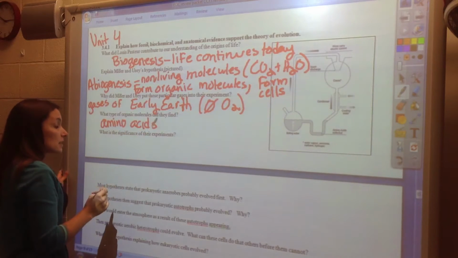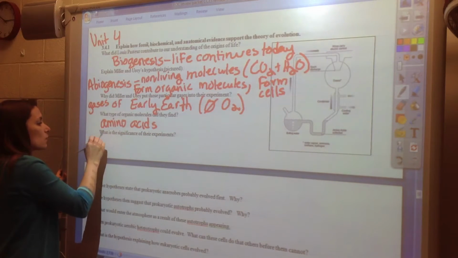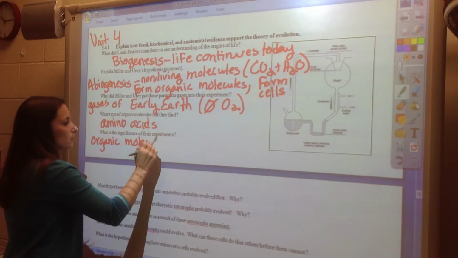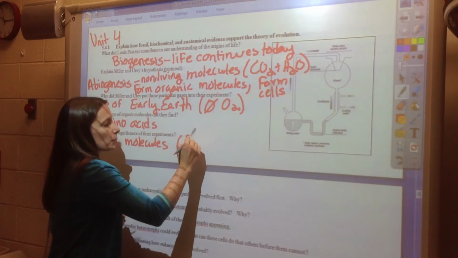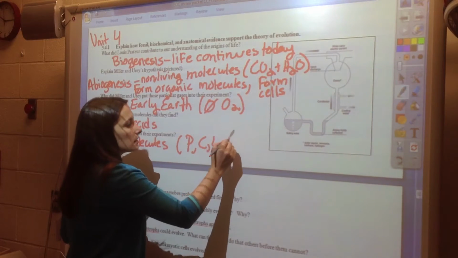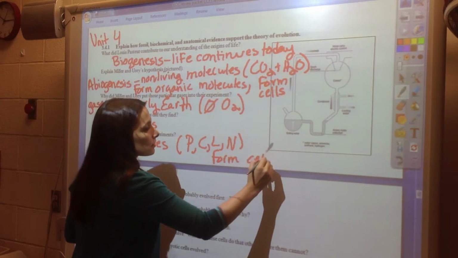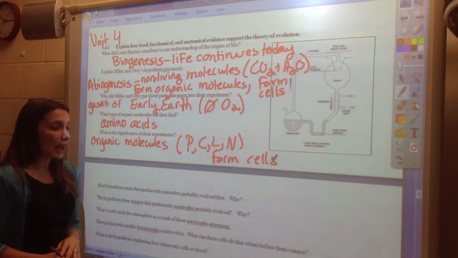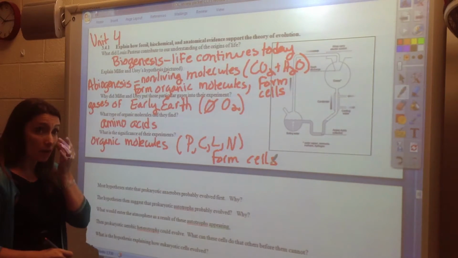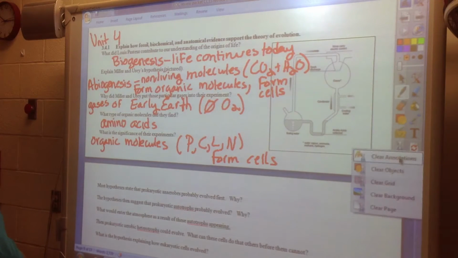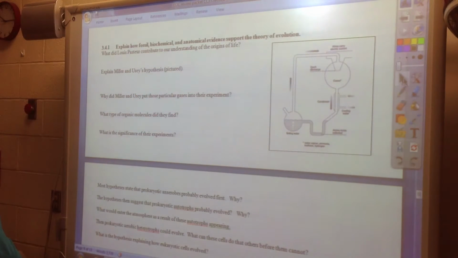If amino acids would form, we would find that organic molecules, such as proteins, carbs, lipids, and nucleic acids, could form cells. And so this is where we think abiogenesis came from. So that's where the very first cells might have come from.